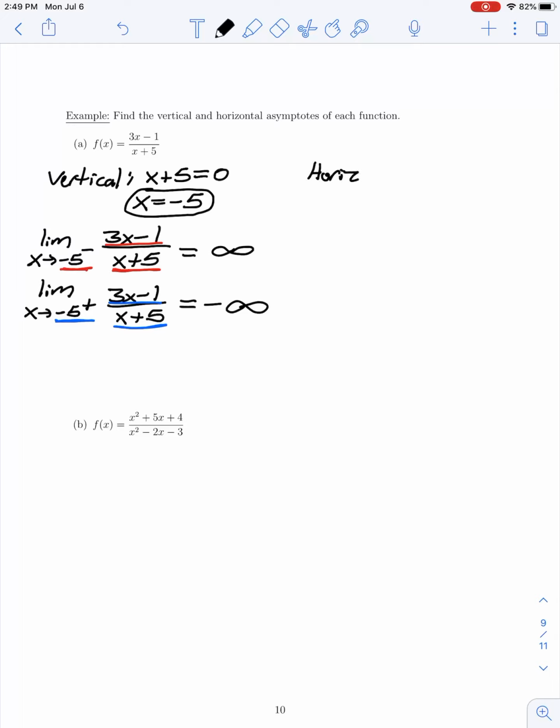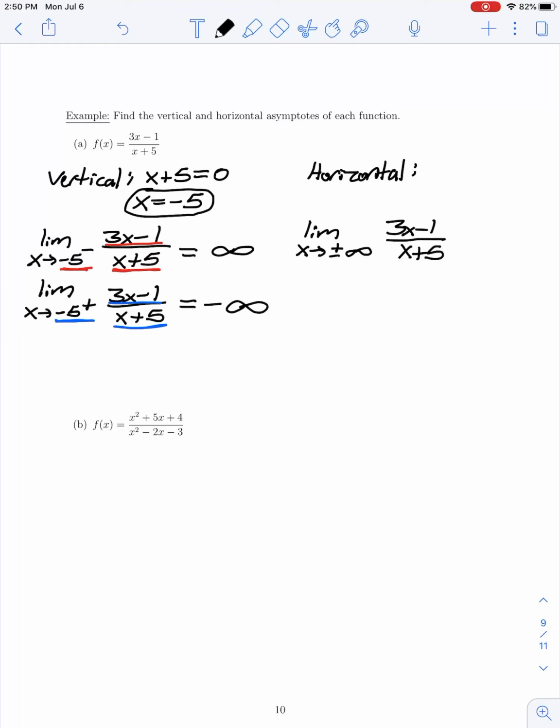And to consider horizontal asymptotes, we look at the limit of our function as x approaches positive or negative infinity. So here, the limit as x approaches positive or negative infinity of 3x minus 1 over x plus 5. Well, let's recall what we had seen in our previous example.